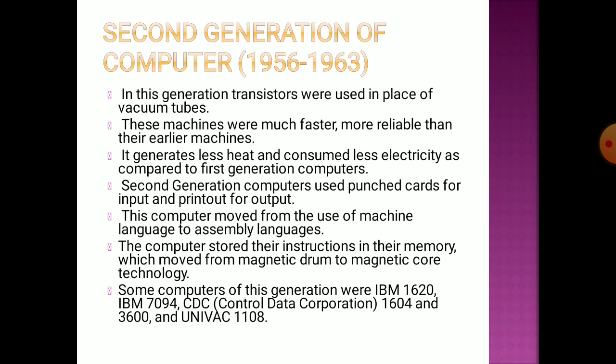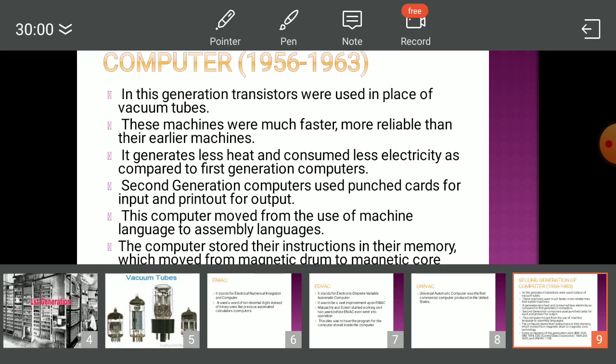IBM and CDC are the companies, and the machines were developed and designed by those companies. So the company has given its name. IBM designed that computer, so it has been named IBM 1620, IBM 7094, CDC 1604 and 3600, UNIVAC 1108. Like that, the names have been given for the second generation computers.